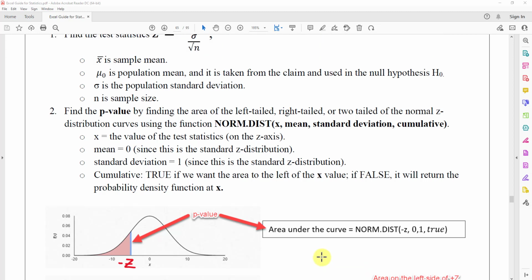For example, in the left tail case, I have the negative z over here, and this is the area under the curve.